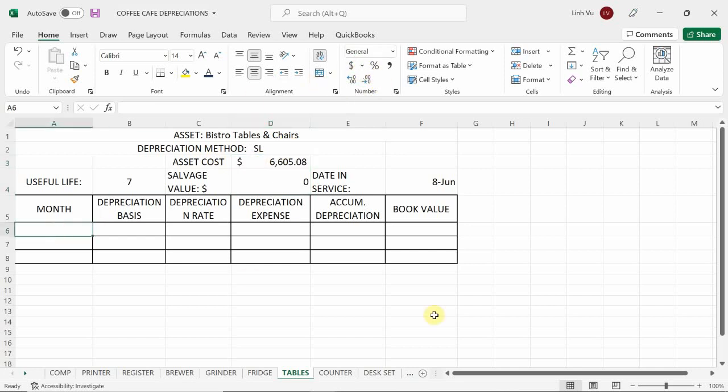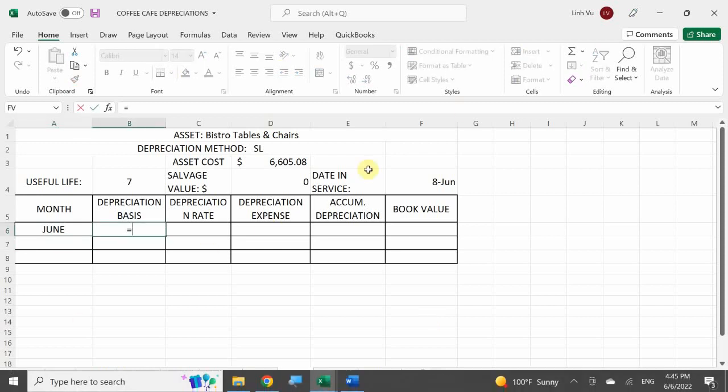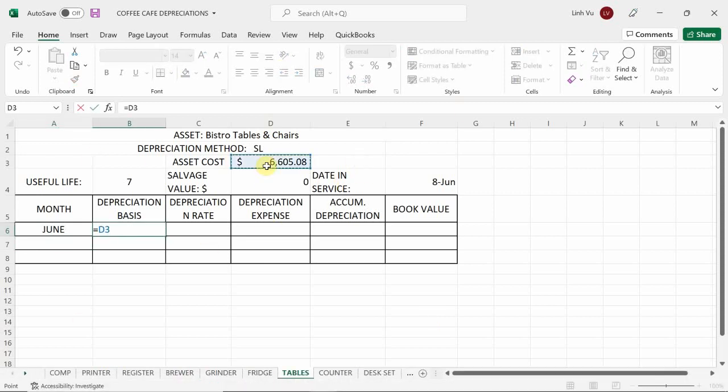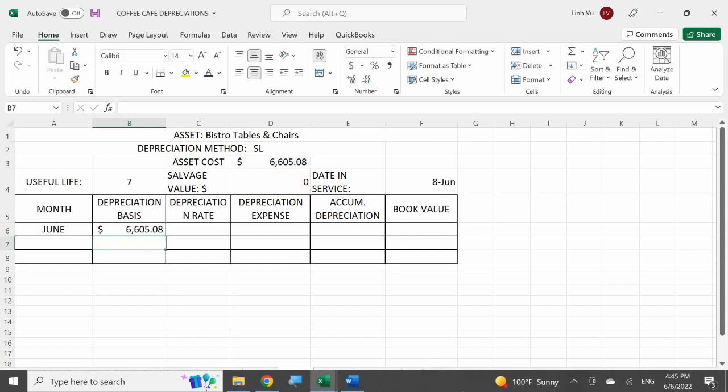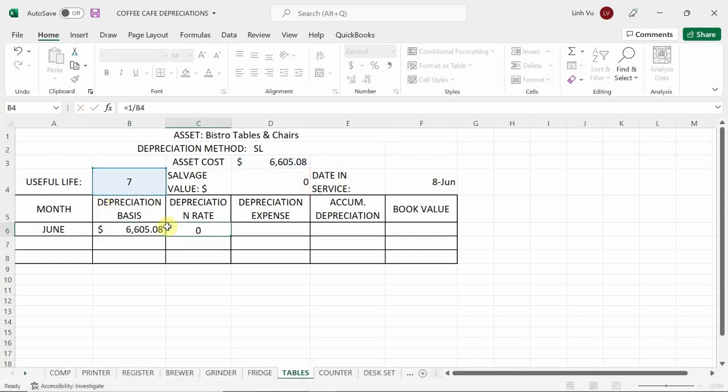So in this case, we are going to be depreciating for the month of June, right? This case is going to be your asset cost minus your salvage value for the basis. Your rate is going to be 1 divided by the estimated useful life of 7. So in this case, 0.1428. Okay, so in this case, I'm going to solve for basis times rate, again, divide by 12.